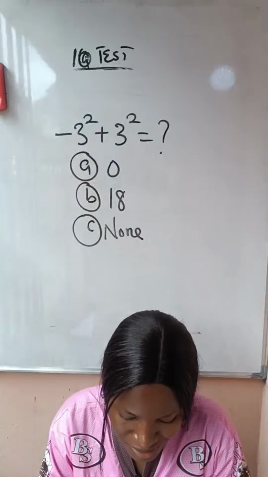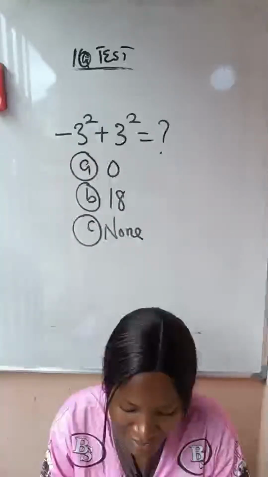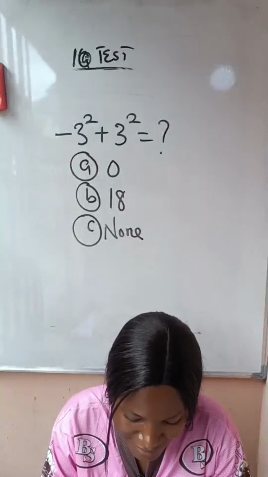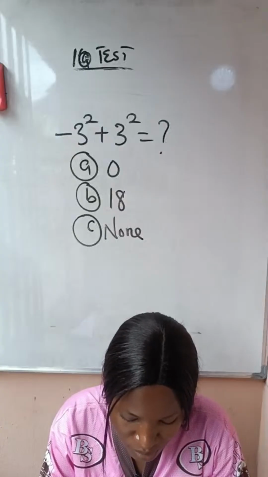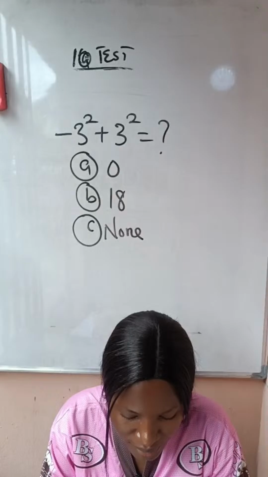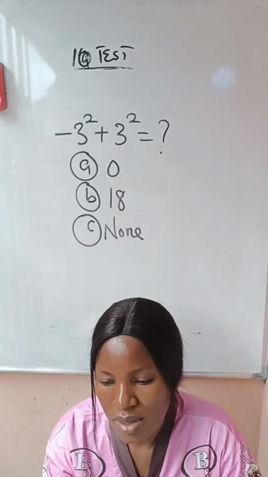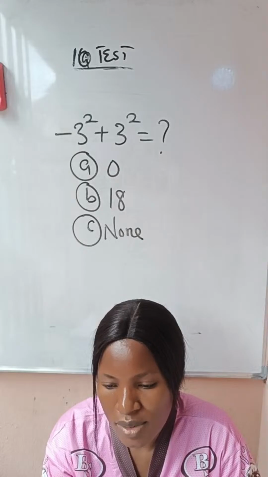Corey says it's 18, so Corey says it's B. Shaki says 0, because there is no whole square for minus 3.